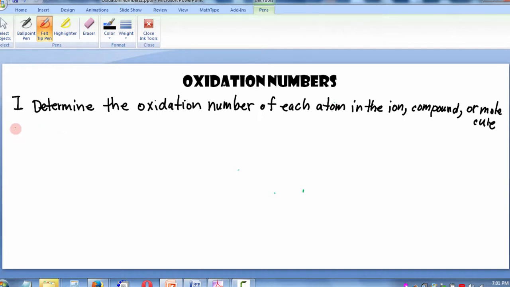So, number one that you have to do would be MnO2. Number two, Fe(CN)6 with a 3 minus charge.